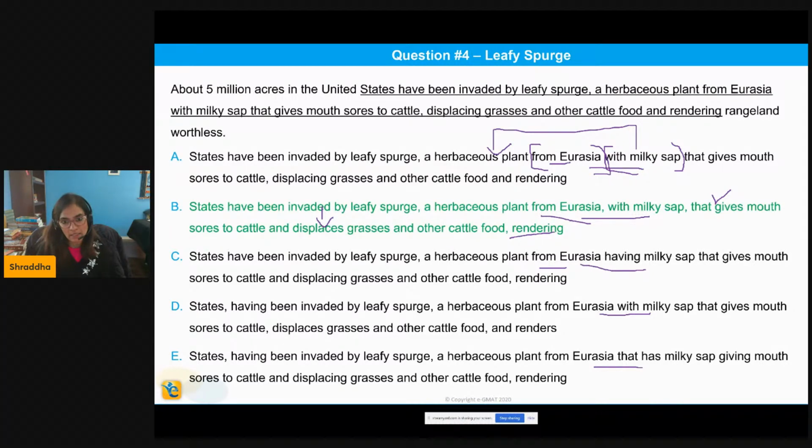These are the cases when you have such a fixed entity like from Eurasia that cannot be placed anywhere else in the sentence. In that case, we will keep it, but all the other modifiers after that will have a little flexibility to jump back to connect to their logical entity. That's what I would say. Does that make sense?